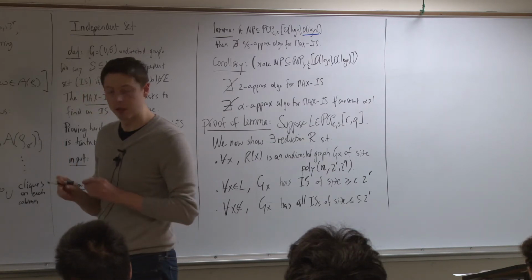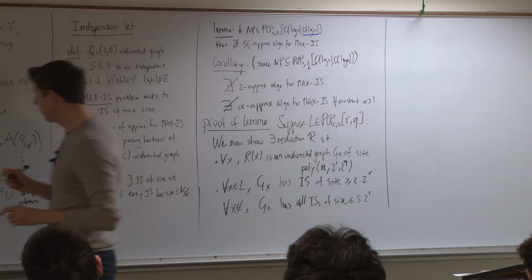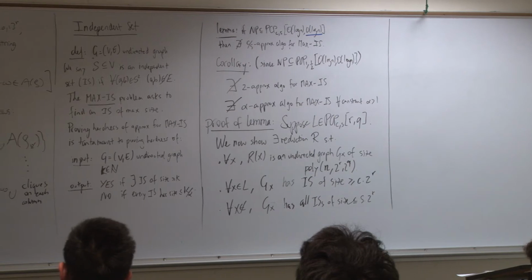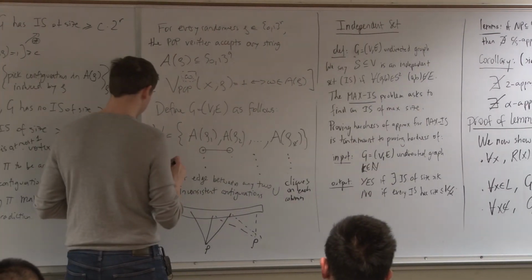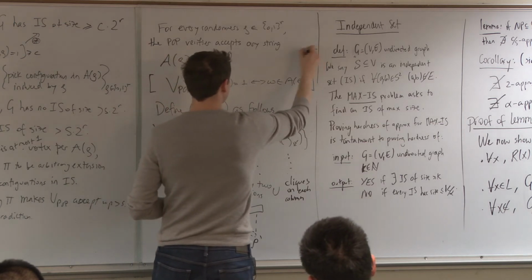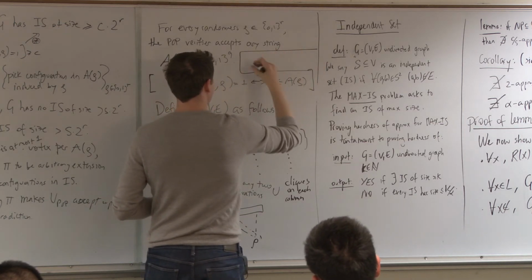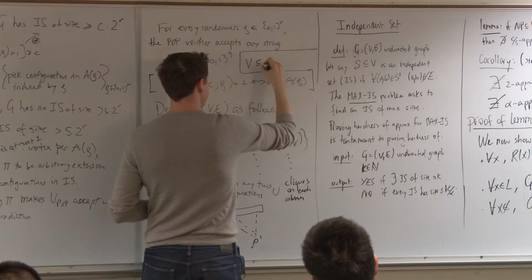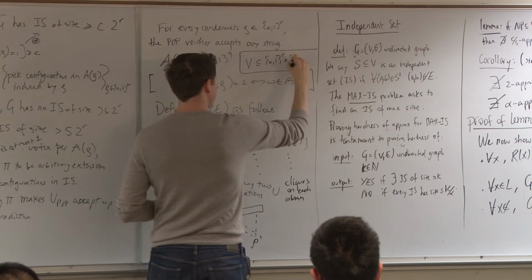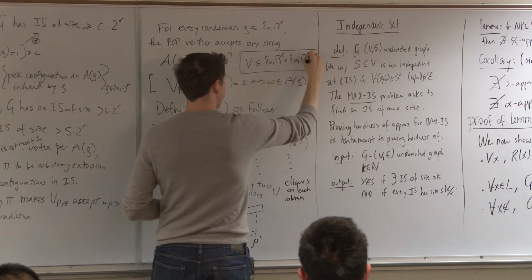One way to think about the vertices is, maybe I'll just write how they're indexed. I'll write it here. The vertices are a subset of {0,1}^R × {0,1}^Q.